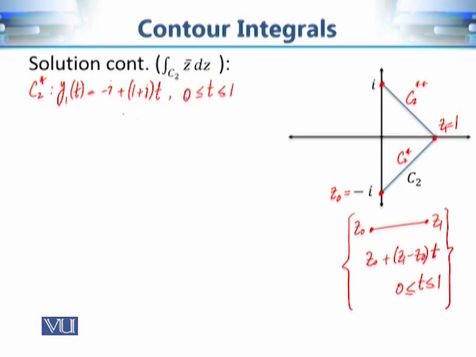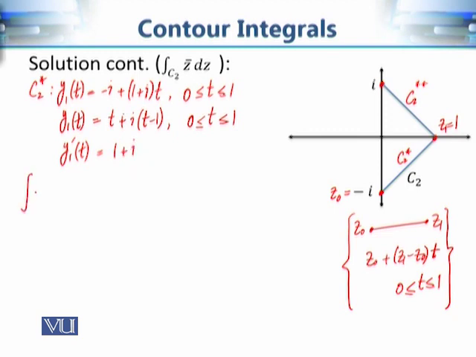We can also write it in the following way: t plus iota (t minus 1). In this way the real and imaginary parts are separated and the variation of t is the same. So that's the parametric representation of C2 star, and of course we are also going to need its derivative, which is going to be equal to 1 plus iota.